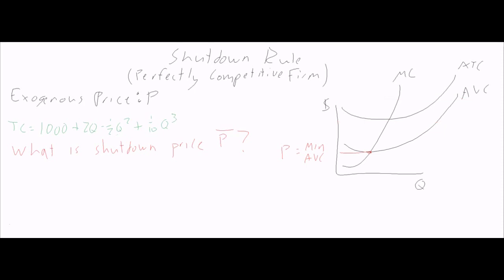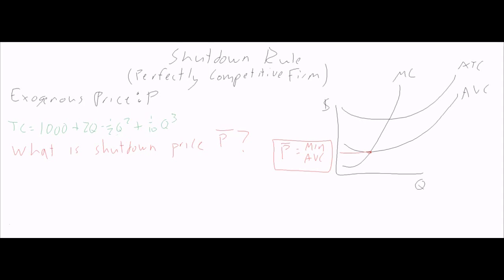If the price is less than the minimum average variable cost, then when the firm opens up, it's going to suffer more costs than if it just stayed shut. And so this is going to be our shutdown price, our minimum average variable cost.